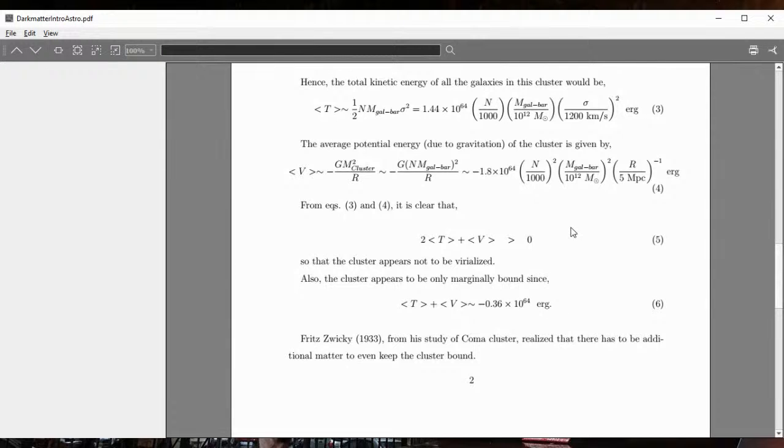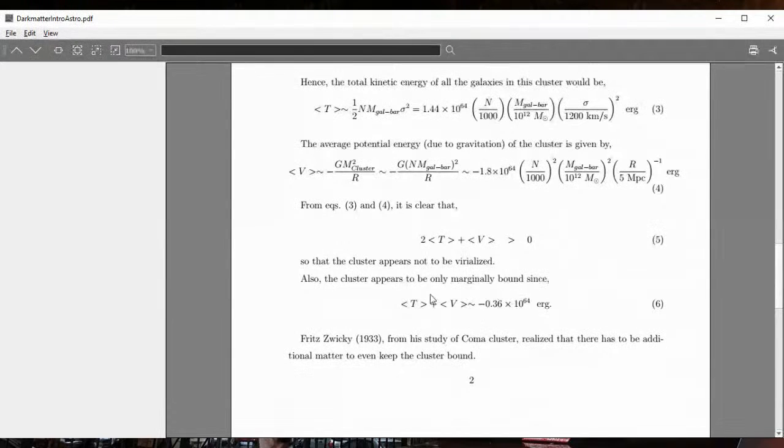Okay. So if you put 10 to the power 11 solar mass, for example, you will find that the total average energy of the cluster will be positive. But positive energy means that the system is not bound.